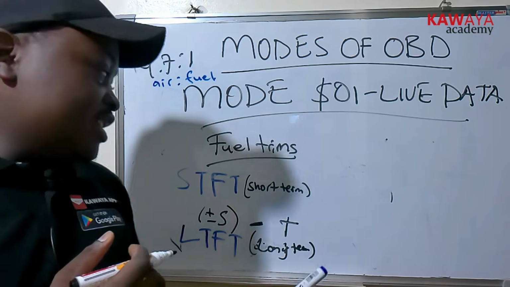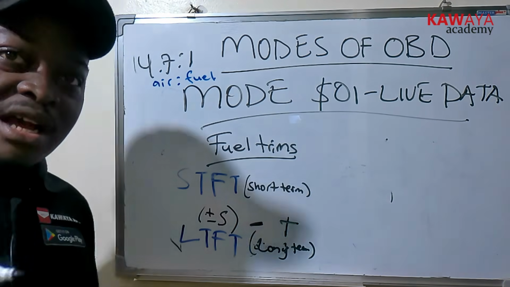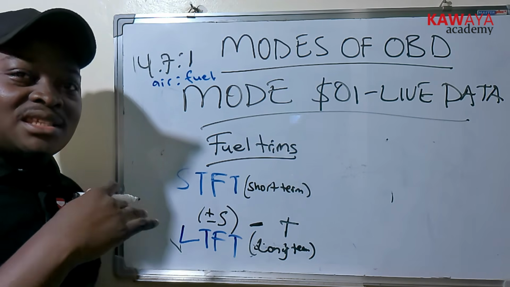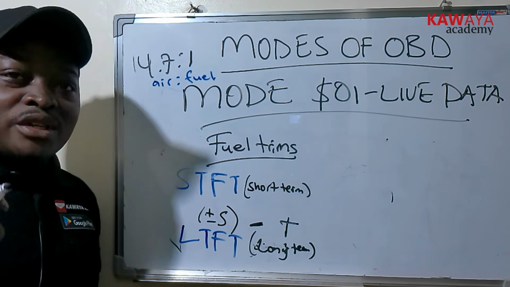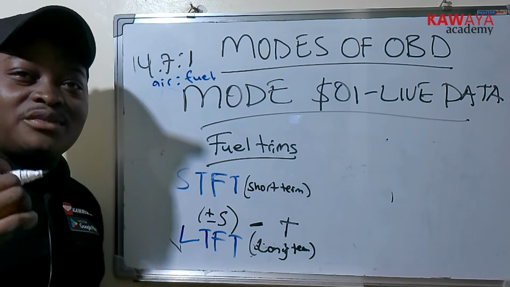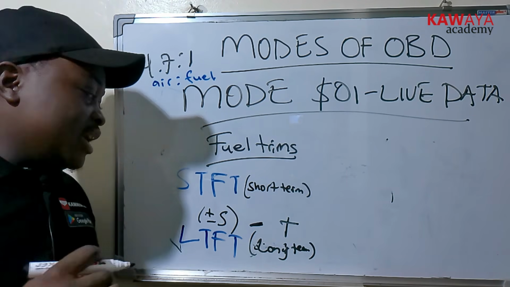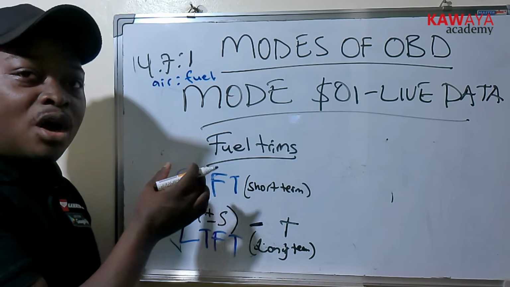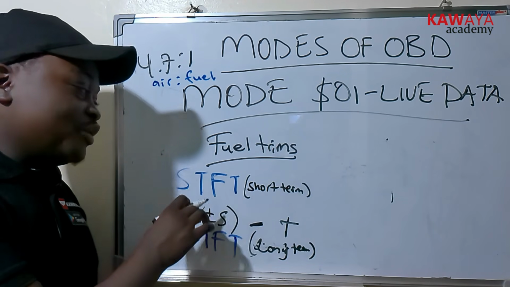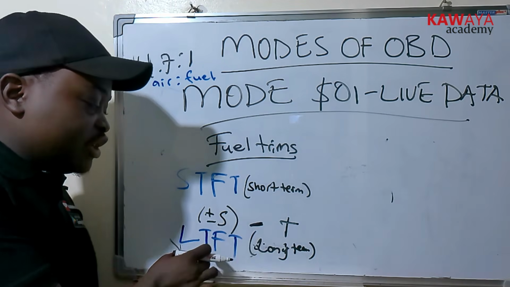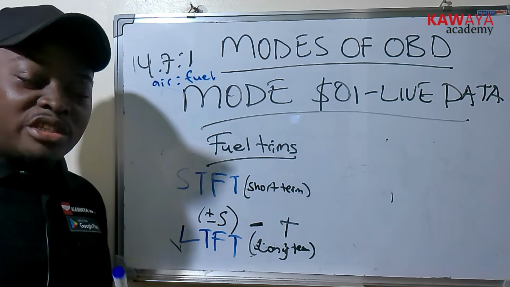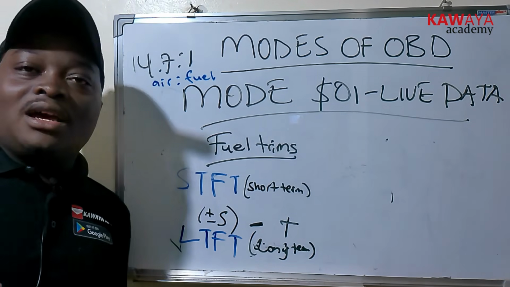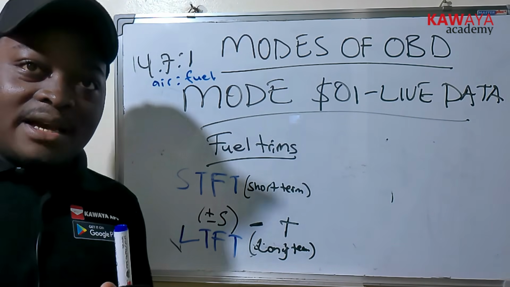For example, if you've driven for 1 hour and the ECU is positively trimming, maybe slightly leaning to a positive trim of +2. The long-term fuel trim is going to be the average of how your short-term fuel trim has been. If you've been mainly getting positive trims, your long-term fuel trim will also be positive or slightly close to the short-term fuel trim, like an average of how your short-term fuel trim has been performing.